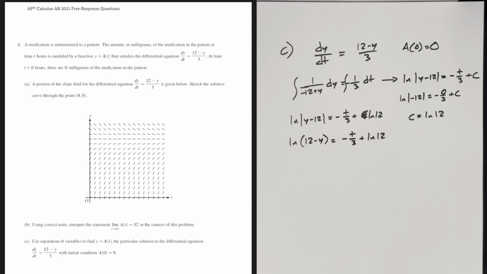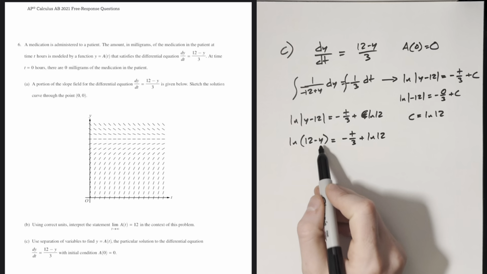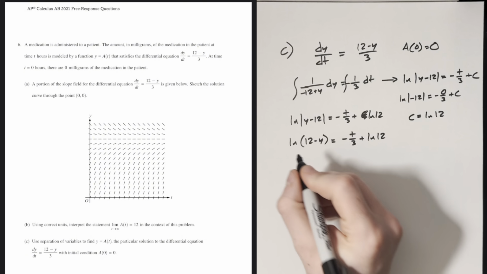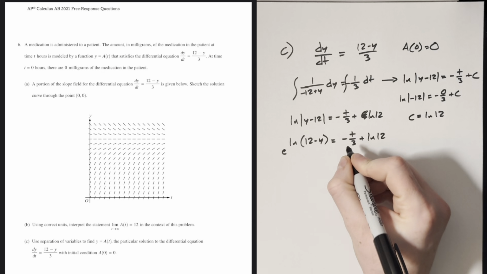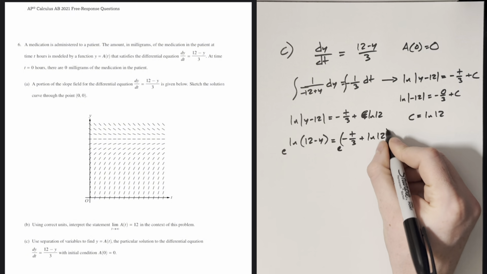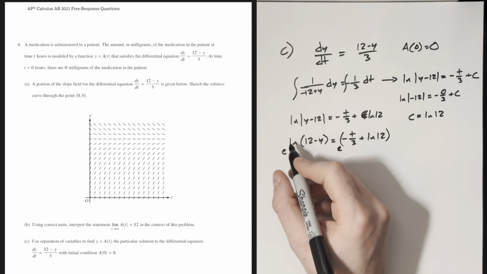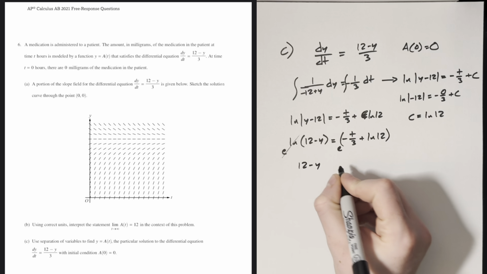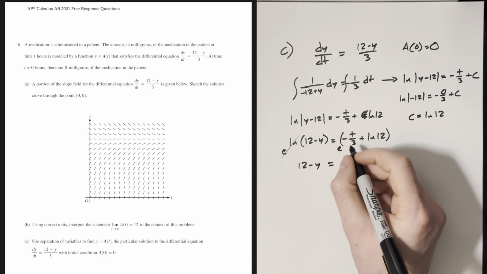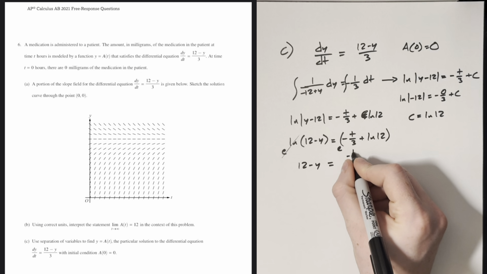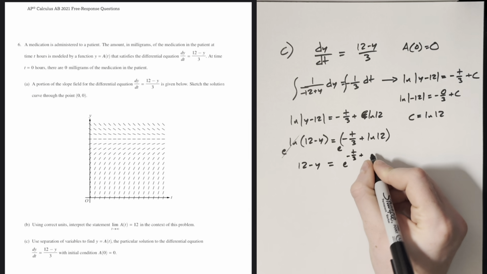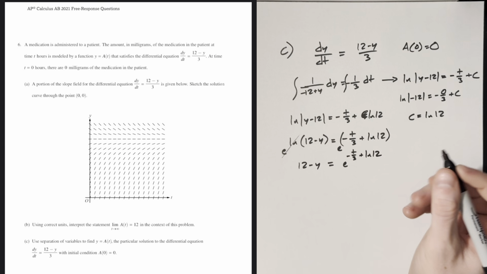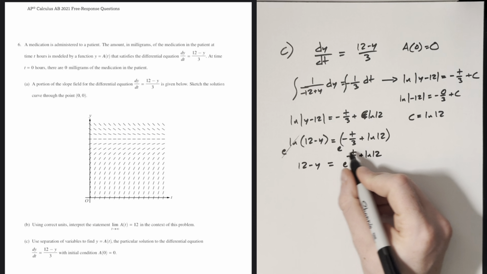Now we're trying to solve for y equals a of t, so I need to isolate y. I'm going to use my trick of doing e to the power of both sides. On the left side, the e and the ln will cancel out, and I'll get 12 minus y. On the right side, I get e to the negative t over 3 plus the ln of 12, which I could also factor.